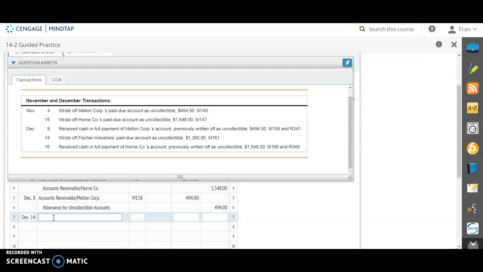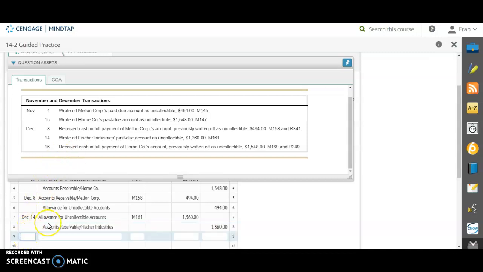Okay, so allowance for uncollectible accounts, and that is M161, 1360. And accounts receivable, Fisher Industries, 1360. That's just the same way we would do on the others.